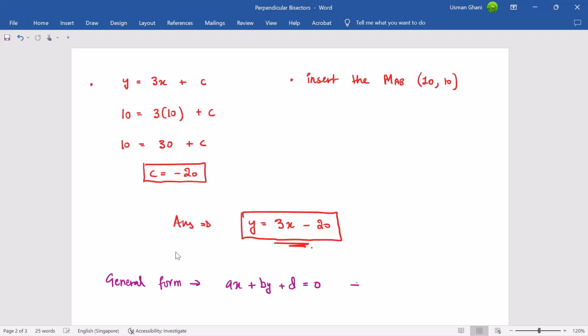So the answer of this perpendicular bisector equation in the general form is going to be minus 3x plus y plus 20 equals 0, and that is your answer in the general form. Note, in the general form, this number is not the y-intercept. That is why I used the symbol d over here and not a small c.